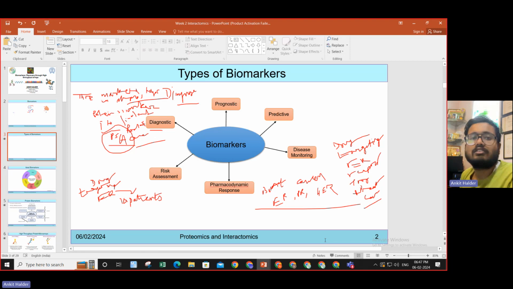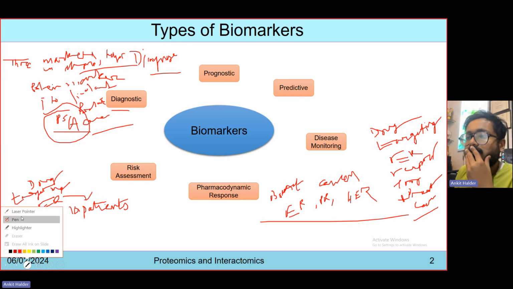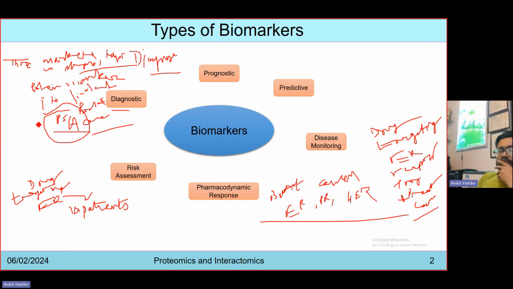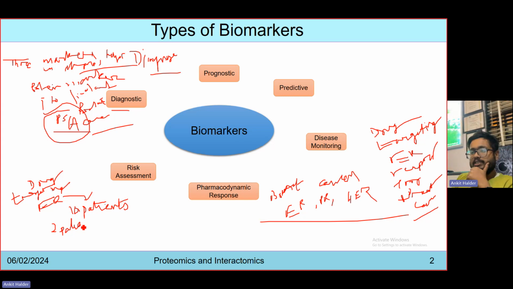There are different receptors expressed, but you are giving the drug targeting ER to all 10 patients. Only two patients responded and 8 did not respond.